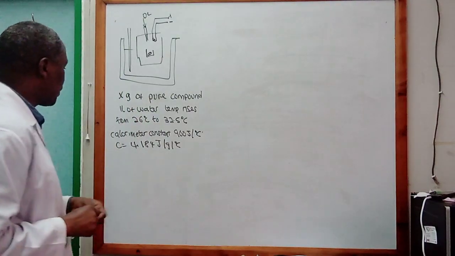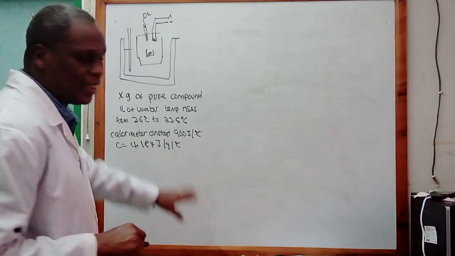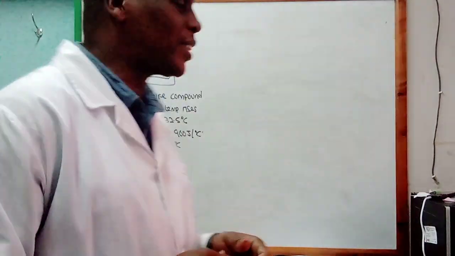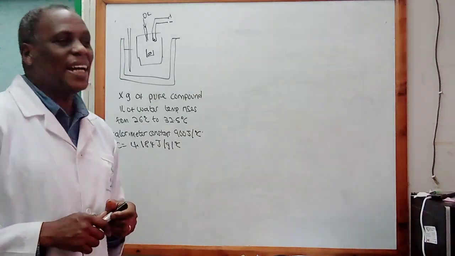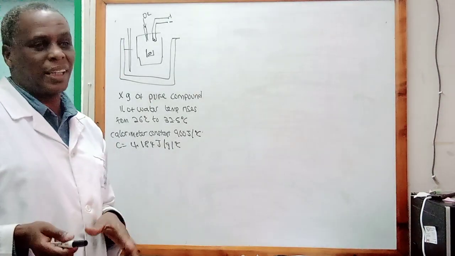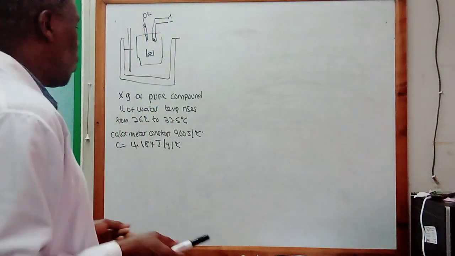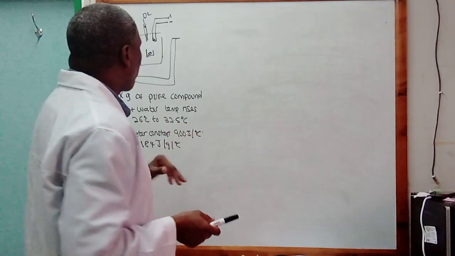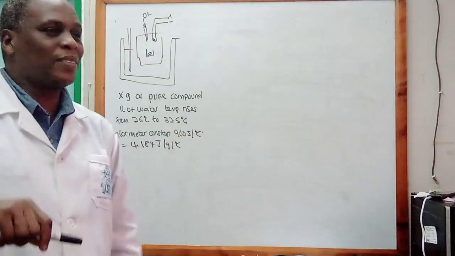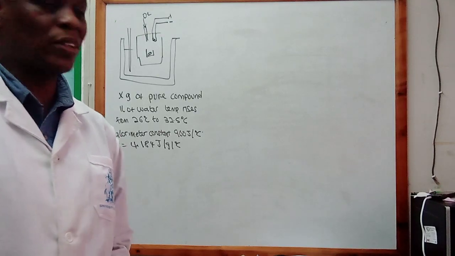The other information which you can be given is the specific heat capacity of water, because this is what you're going to be measuring. Once the combustion has started, you start monitoring the rise in temperature up to when the temperature cannot rise anymore.